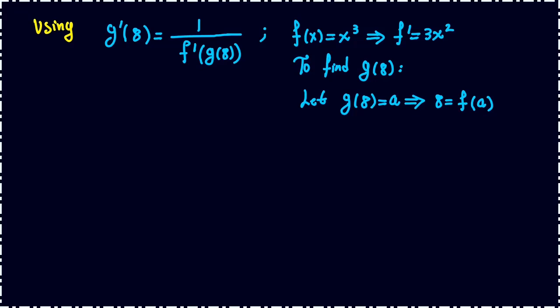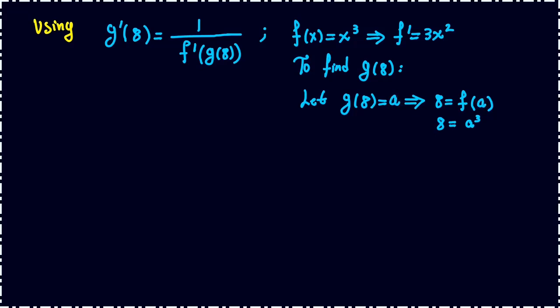Again, this is the relation between a function and its inverse. We know what f is. f is x cubed, at a. You can keep that as x if you want and get 8 equals f of x. But to find a, just take the cube root.